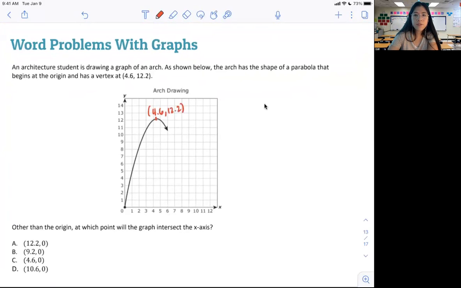Let's see really quick, do your best guess. I'll give you guys about a minute because we're close to out of time. Go ahead.